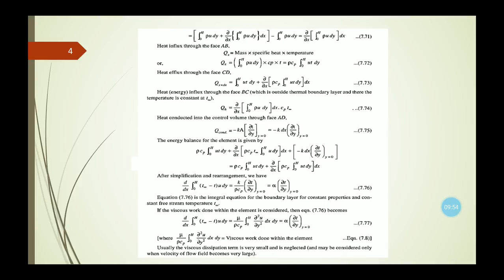Now this is the energy balance equation for the considered element here.